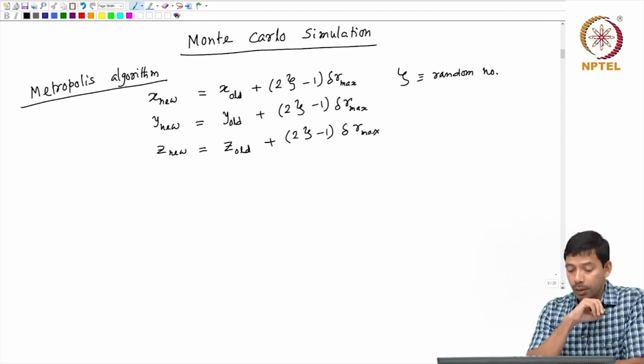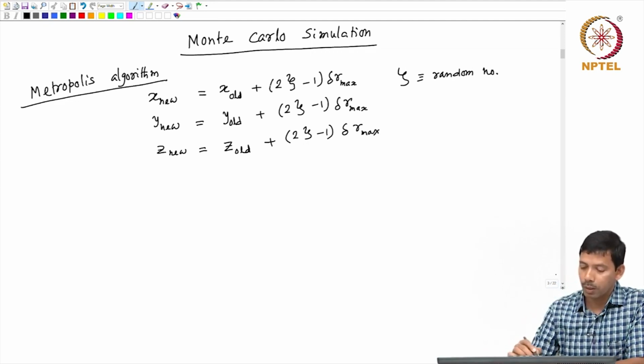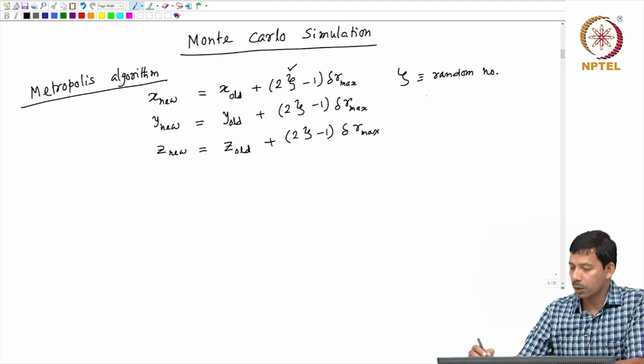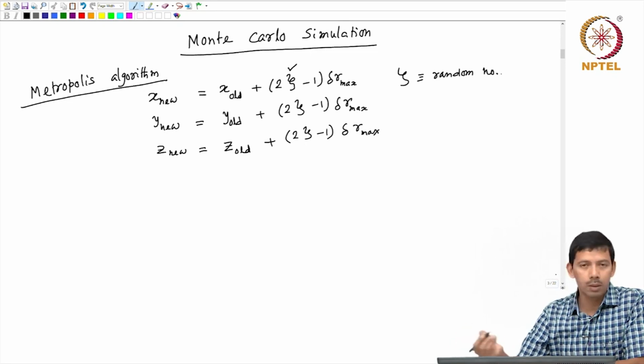So, as you see here, x new, y new and z new we are generating using the random number zeta. This random number you can get using different functions available in a computer.